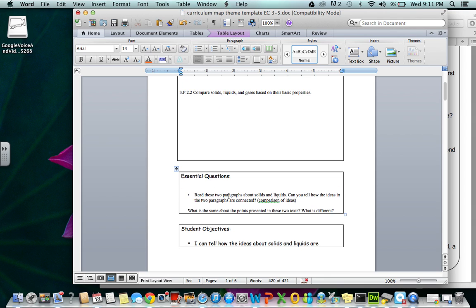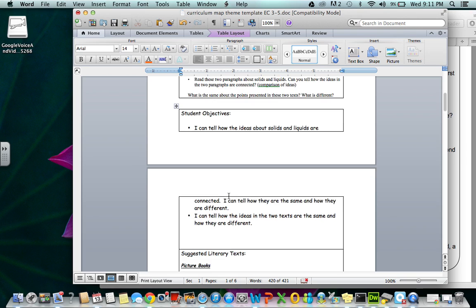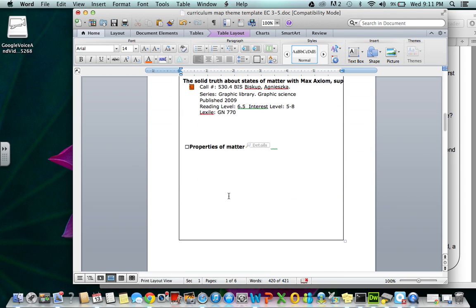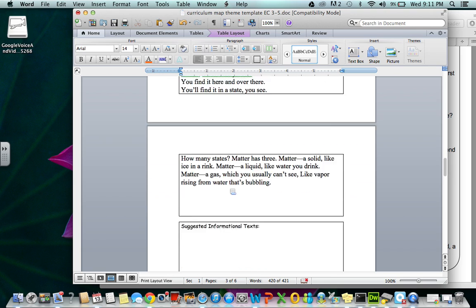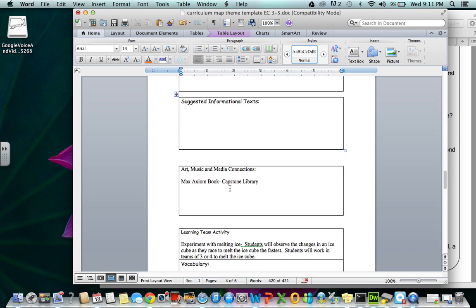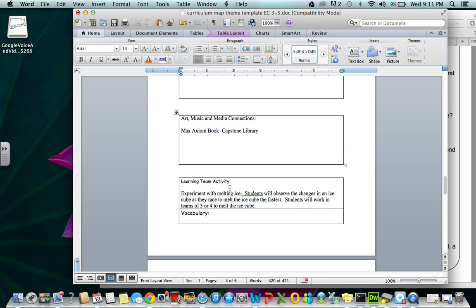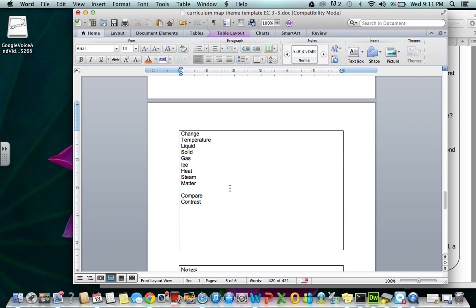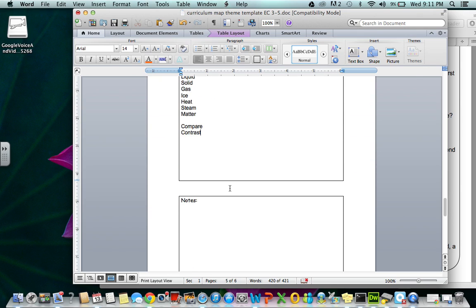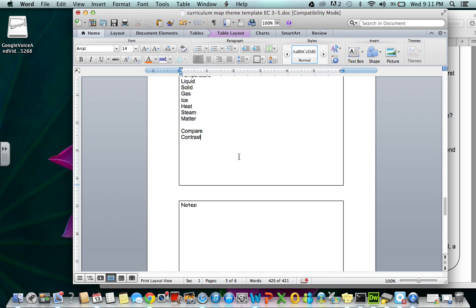And then you would find the text that you are going to use to carry out those objectives. Finish up with any extra learning team activities or other connections you would make, and then add your vocabulary. Now you have an integrated lesson. You might need to go and write step by step, or you could use this template.